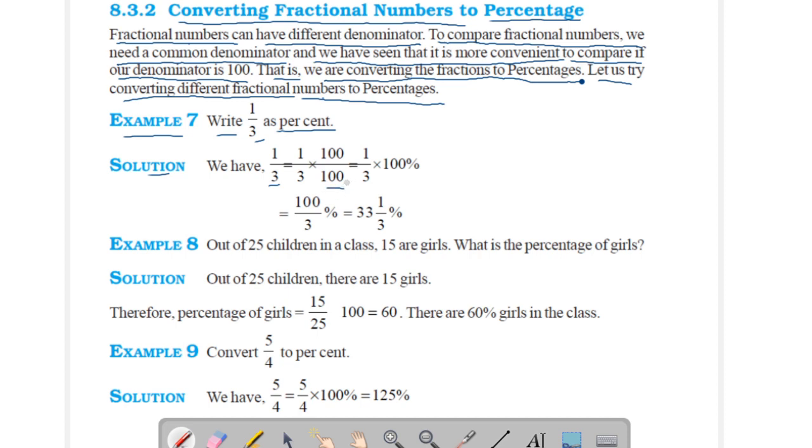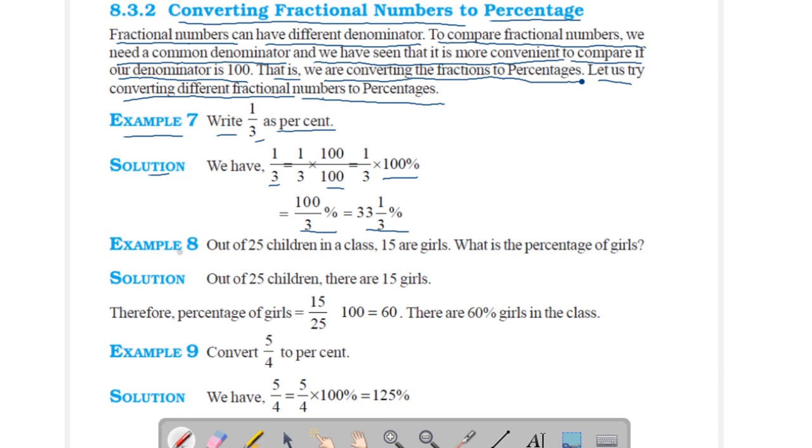You will get 1 into 100 upon 3%. If you calculate 1 into 100, it is 100 upon 3%. If you write it in mixed fraction, you will get 33 1 upon 3%.